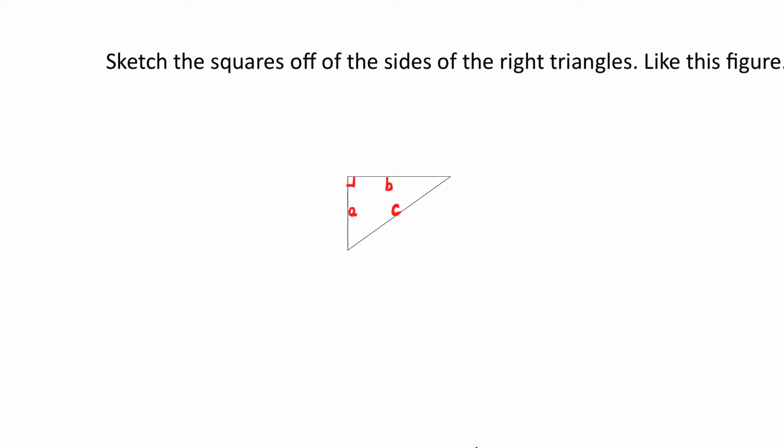So here's what I want you to do. Just freehand this. It doesn't have to be perfect. From this side I want you to draw a square. Ooh, that's terrible. It should be half of the square.